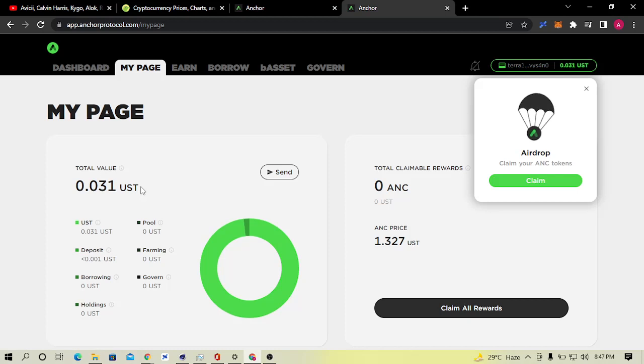So instead of just buying this particular currency, UST, or any other, and just holding it in my wallet and hoping for the price of a particular coin to go up, I can come here and stake and earn rewards. And what is this reward? What's the reward?